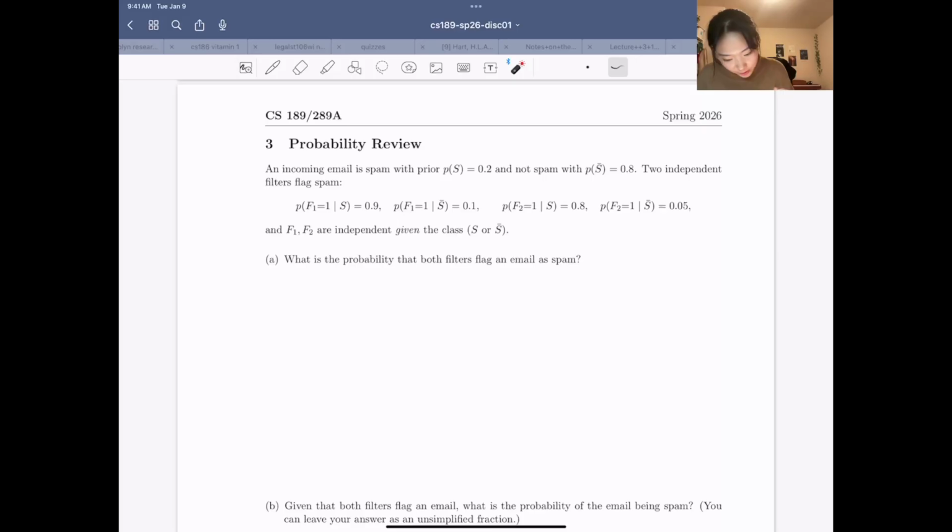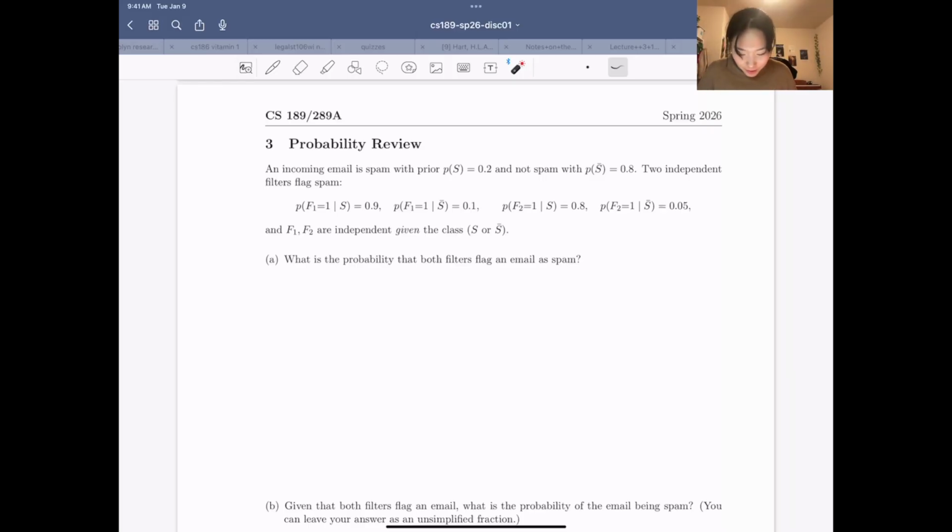So for context, an incoming email is spam with prior probability P(S) = 0.2, and the probability of this email not being spam is 0.8. And now we have 2 independent filters flagging spam.